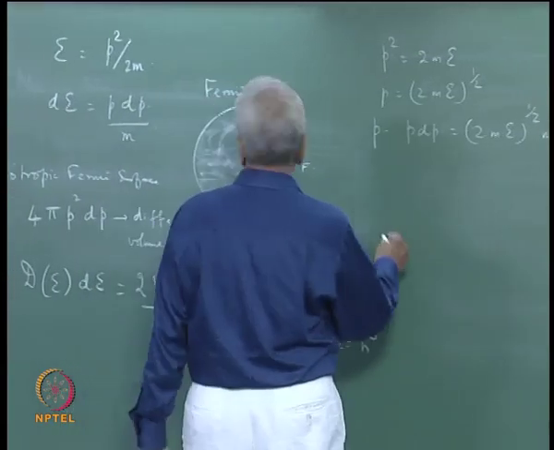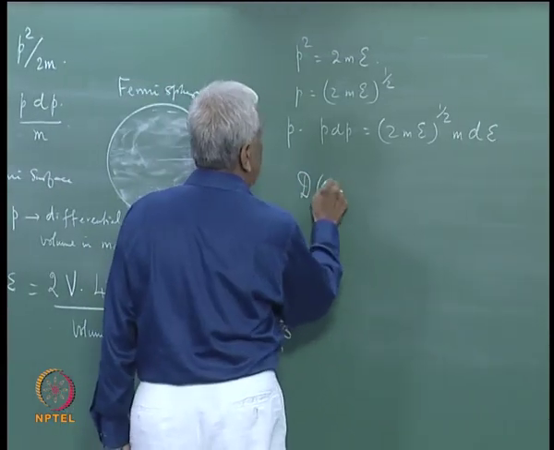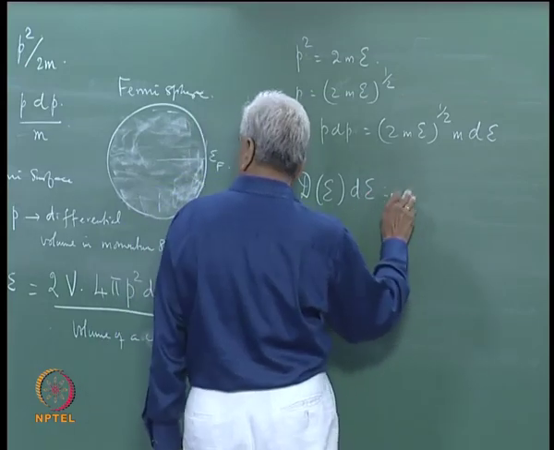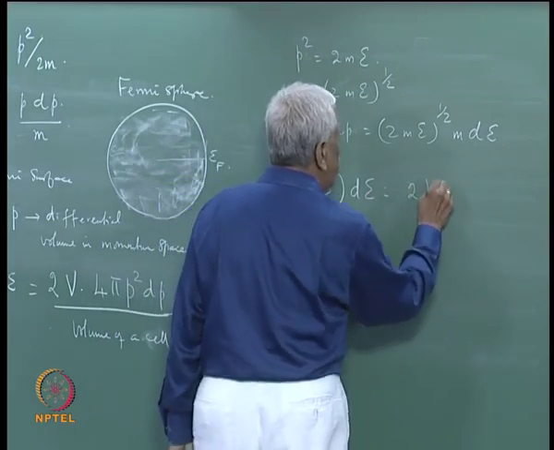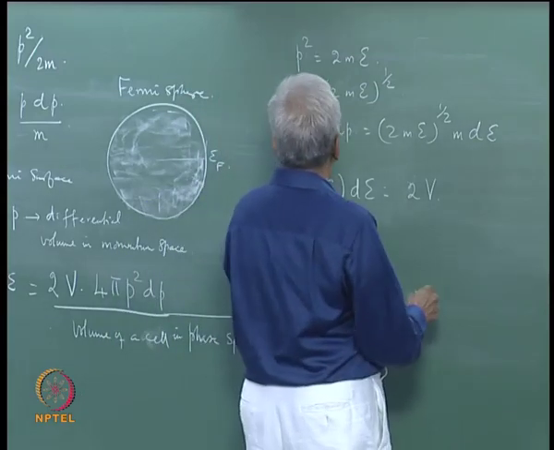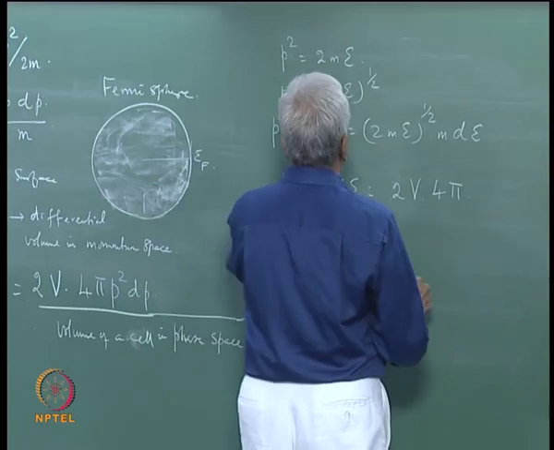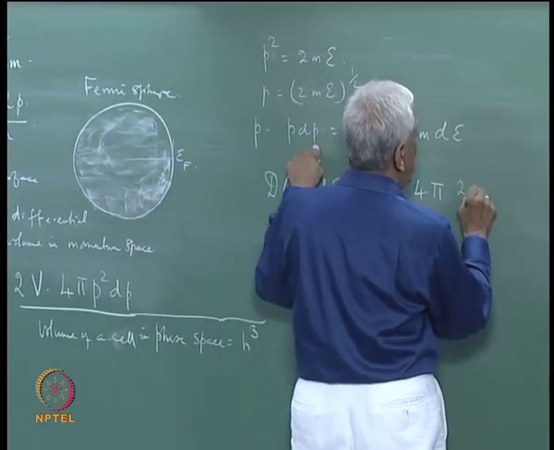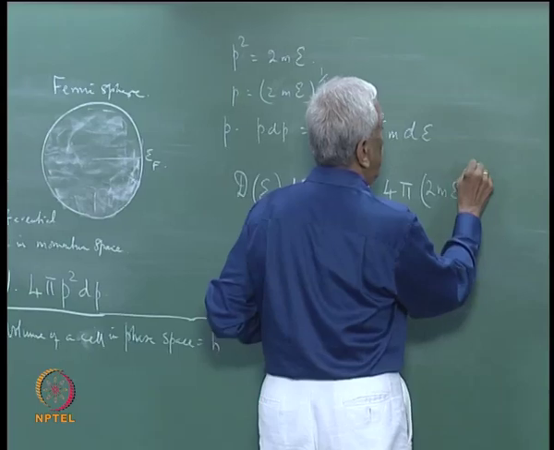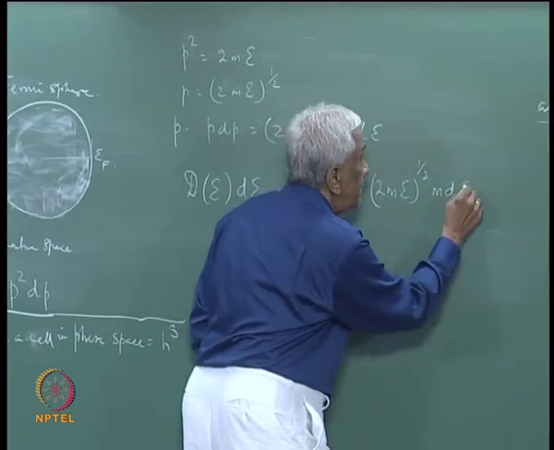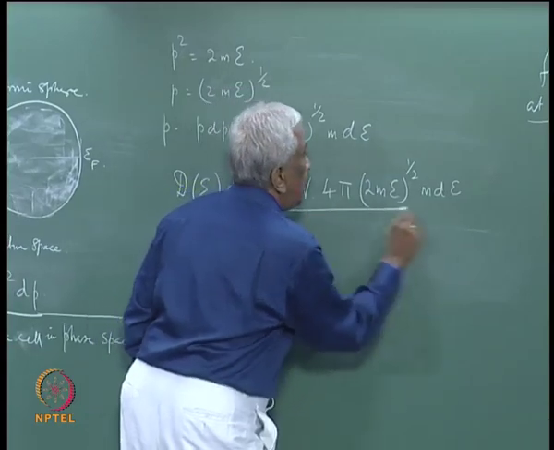Therefore, substituting here, d of E dE is 2V into 4 pi into p square dp, which is here 2mE to the power half into m dE, by h cube.